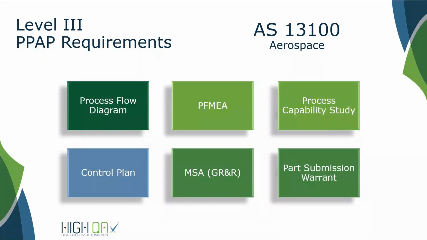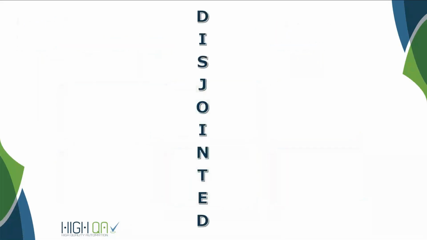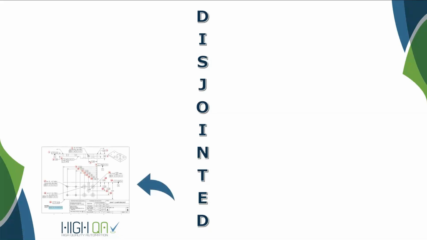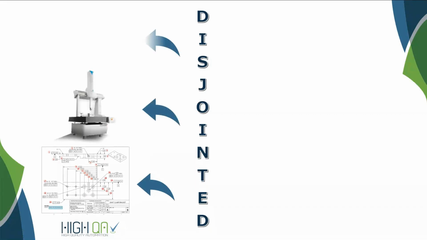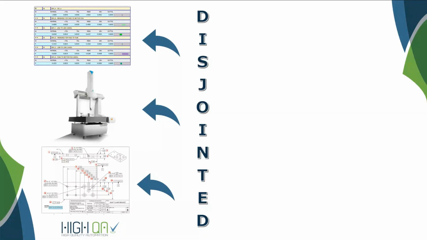So, why do these requirements potentially add so much time and effort? Because oftentimes these systems are very, very disjointed. Prints are ballooned in one software, it's measured in a different software. Data is compiled in another software, or worse yet, it's put on a PDF, and then you have to manually transpose that to an FAI.